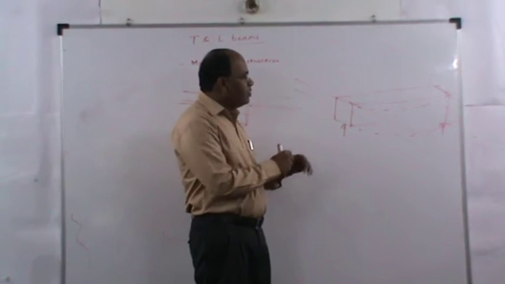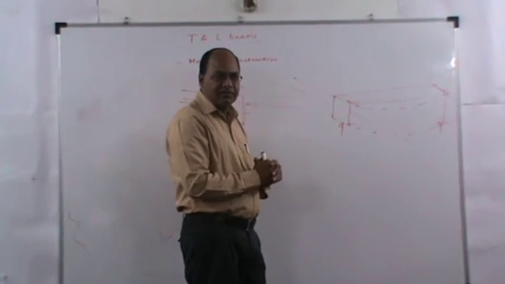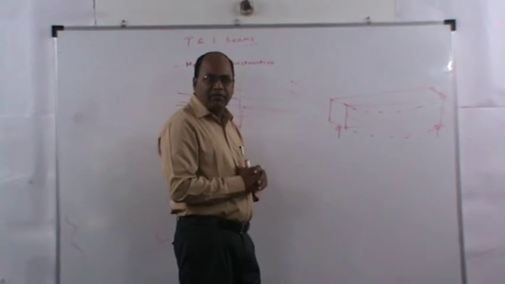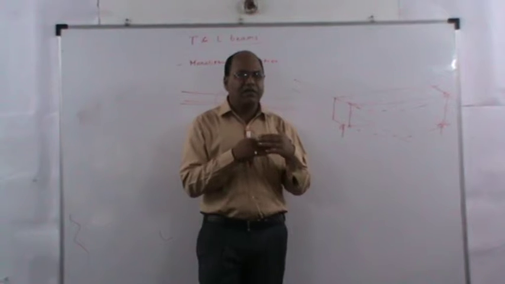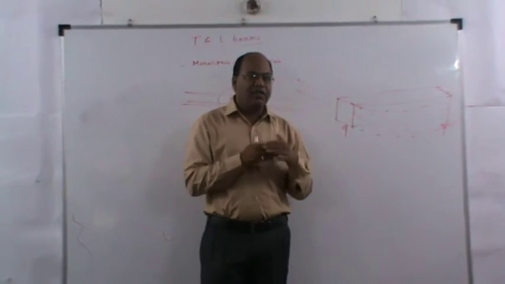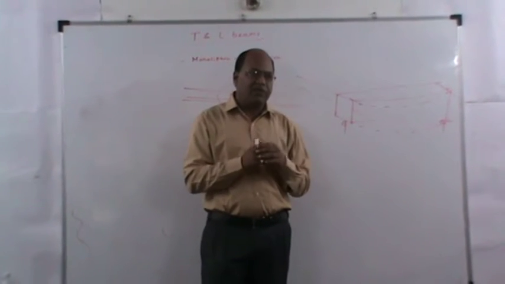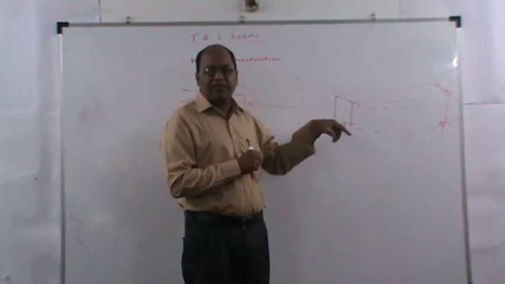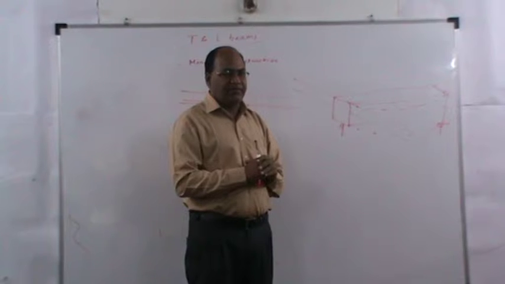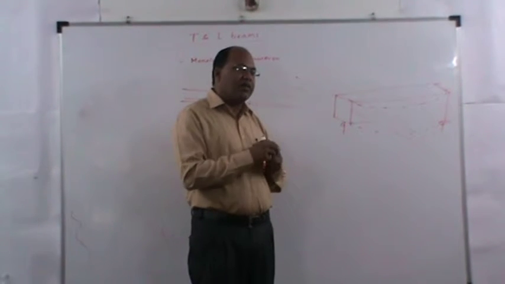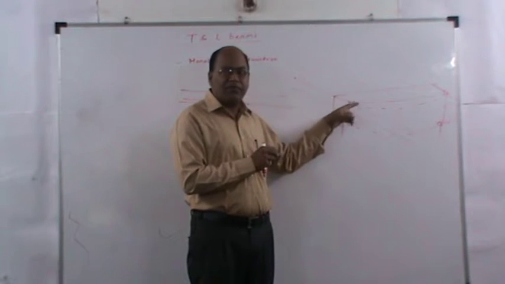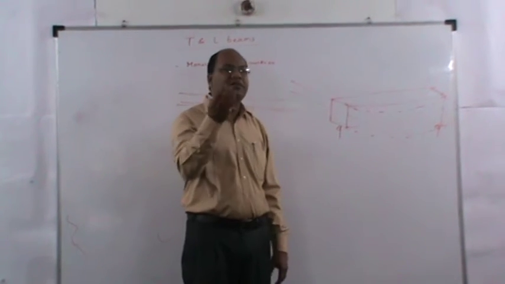Now if beam tries to bend, what will happen? The slab will also have to bend. Because these two are fixed to one another. There is a rigid type of joint. So if the beam bends, the slab will have to bend. And again, if the beam tends to bend, slab will have to bend, but slab will offer a resistance to this bending.